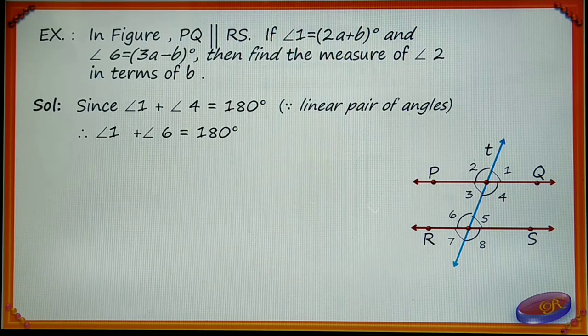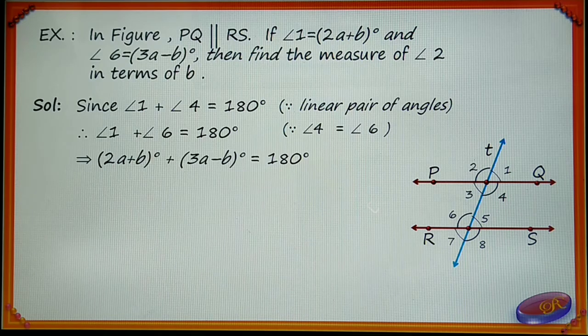That is 2A plus B in degrees plus 3A minus B in degrees is equal to 180 degrees. 2A plus 3A, 5A, plus B minus B will cancel. This implies 5A is equal to 180 degrees. Throughout we can cancel the degree. Implies A is equal to 36 degrees.